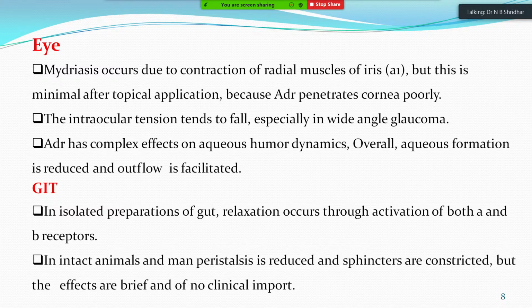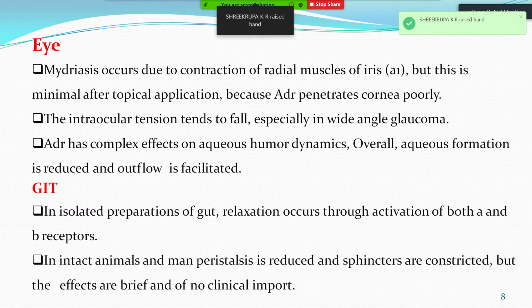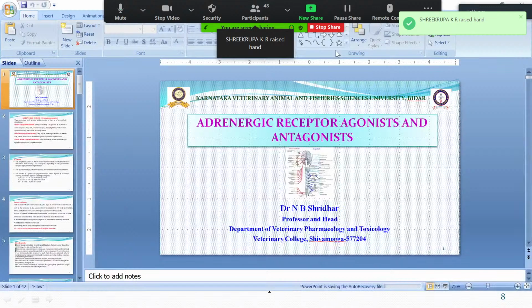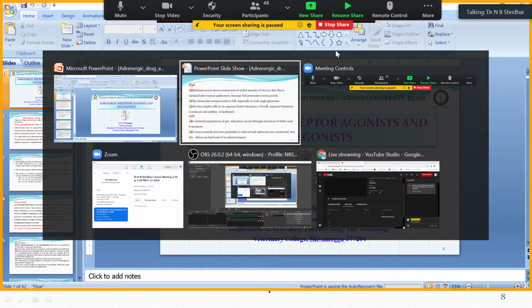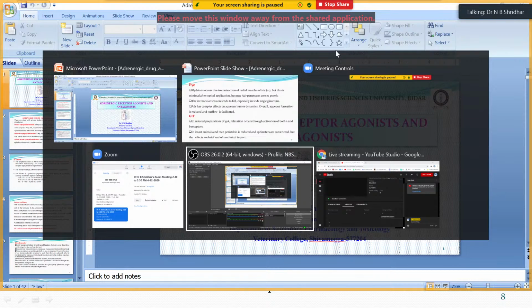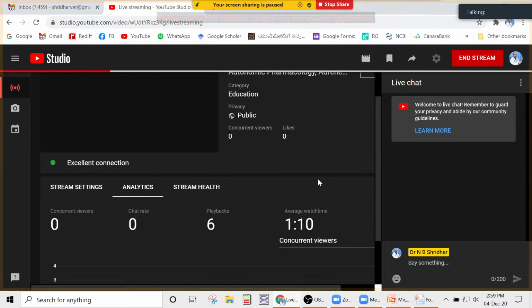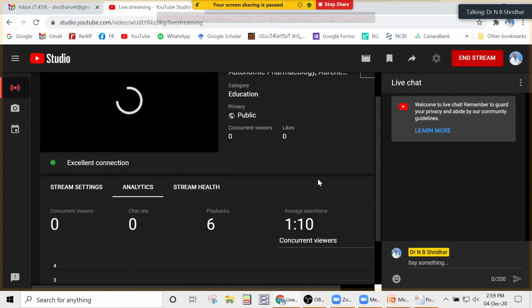First of all, it causes mydriasis, then intraocular tension falls, and also the aqueous humor is affected, so the formation of aqueous humor is reduced. And of course, it has many other effects apart from this.